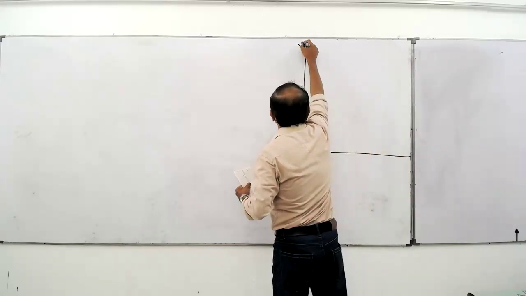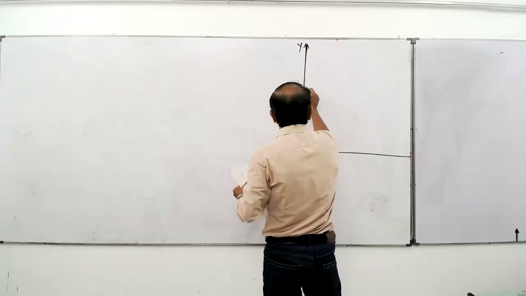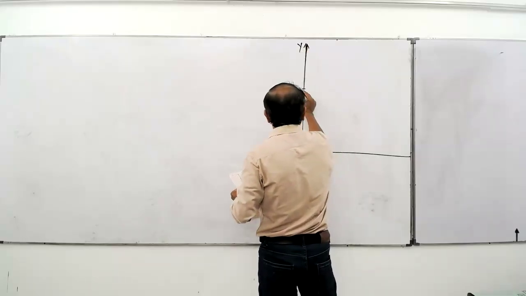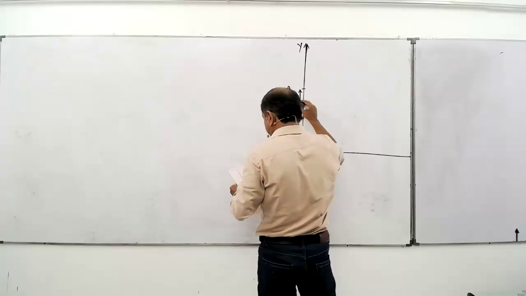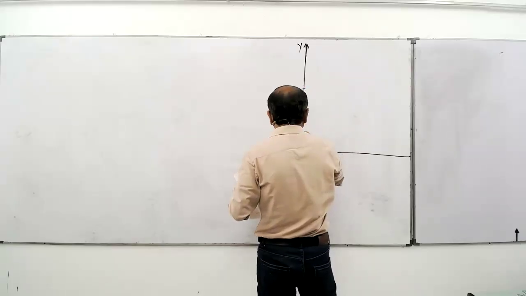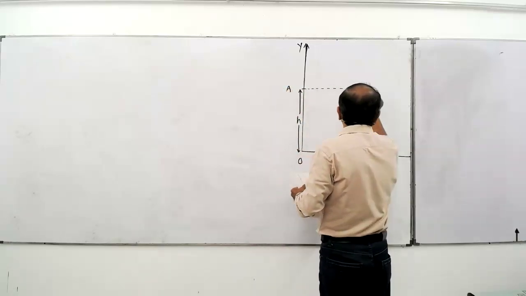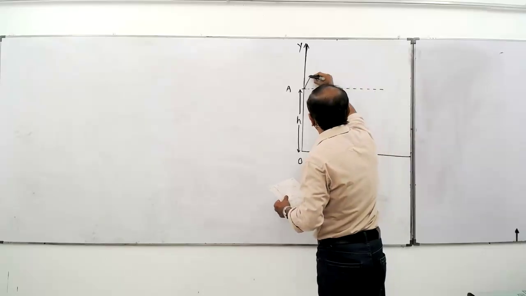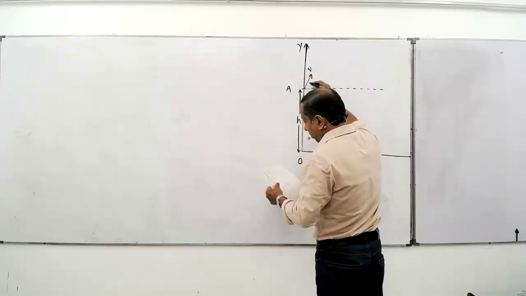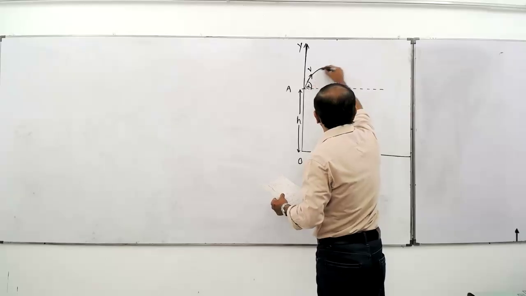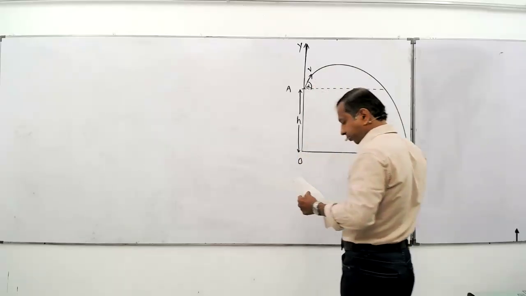On the y-axis, this height, the point is A, the height is h. This is alpha, this way it goes.